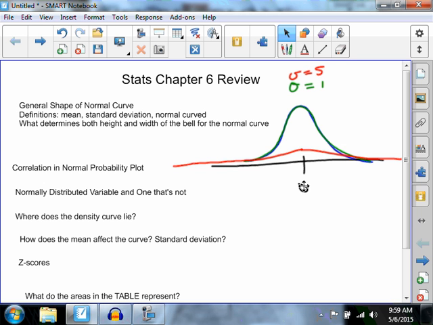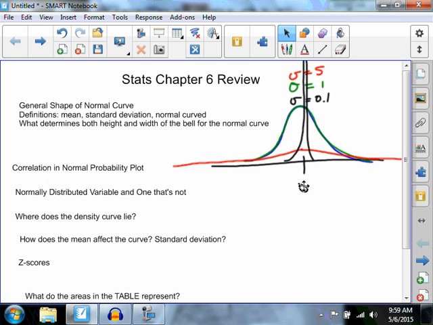Okay. Contrastly, if the standard deviation were small, let's say it's 0.1, the data is not very spread out at all, and so the bell would look something like that. Okay.